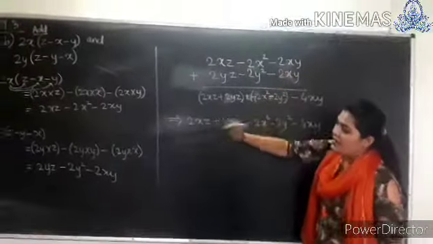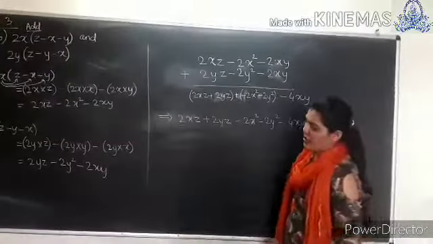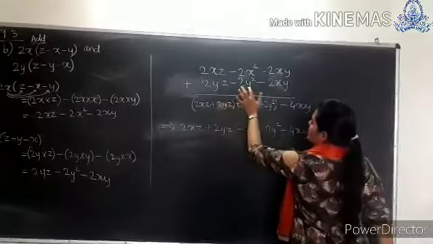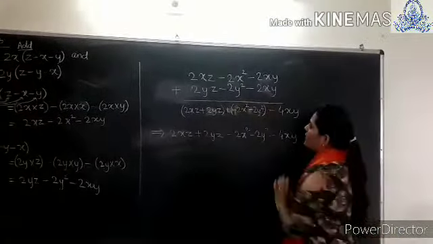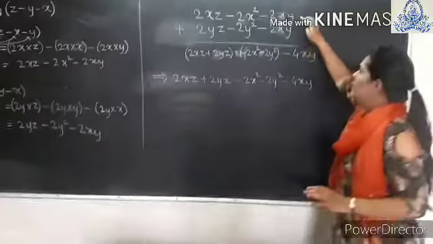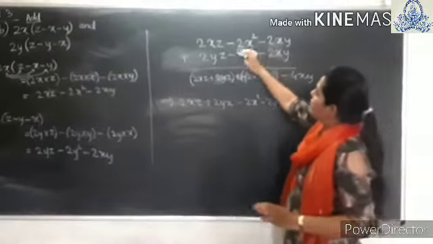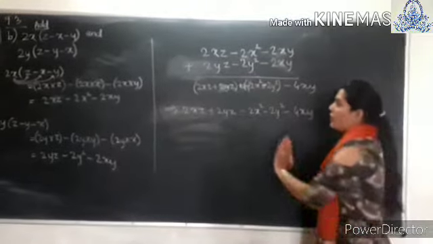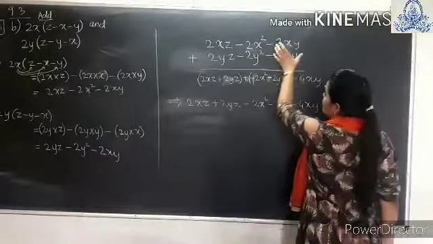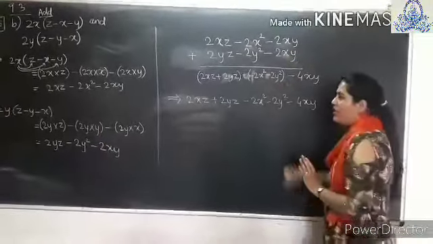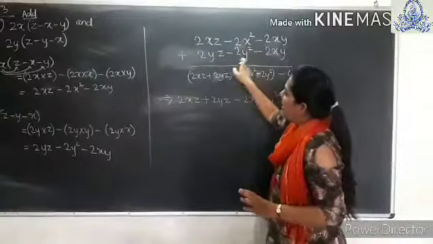Below that, we write the second expression, 2yz minus 2y square minus 2xy. Now see, these variables are the same and these variables are not the same. So in this example, we will write the variables below each other and write the unlike ones as they are.